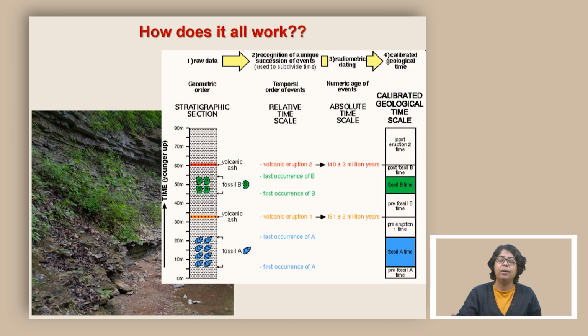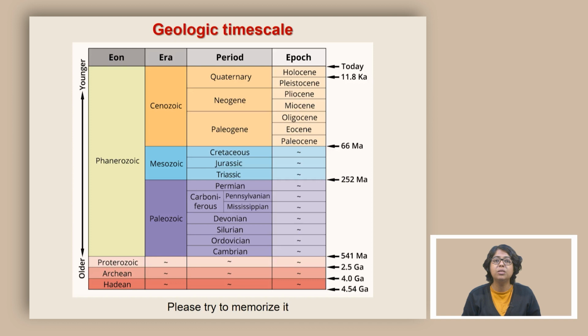This is the way of reconstructing geologic time and the geologic time scale. So, now if we recall our original geologic time scale, we only had these names, but now using this method, these numbers were also attached.